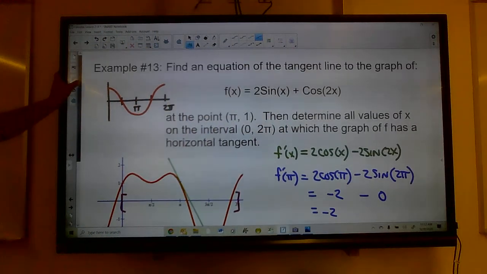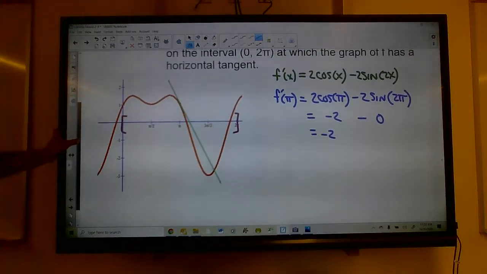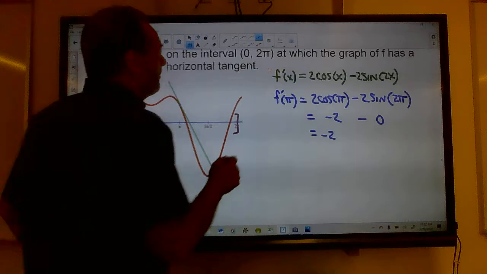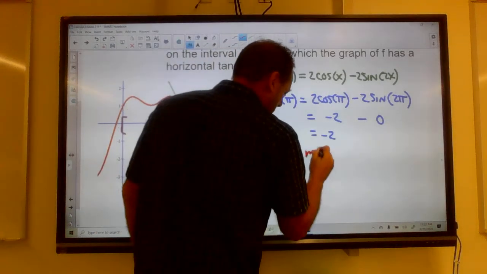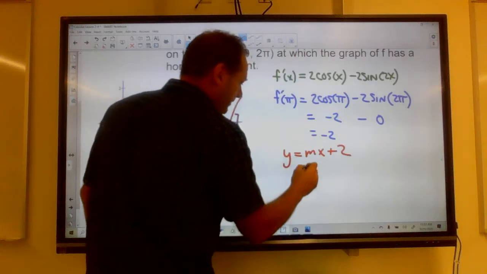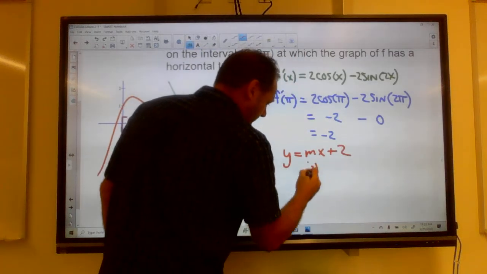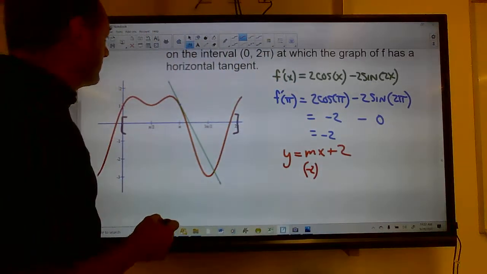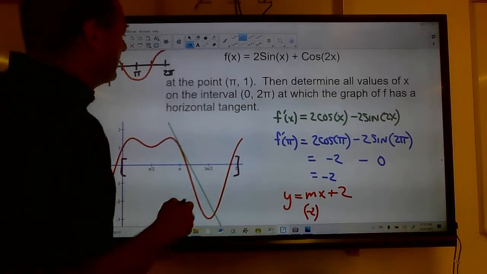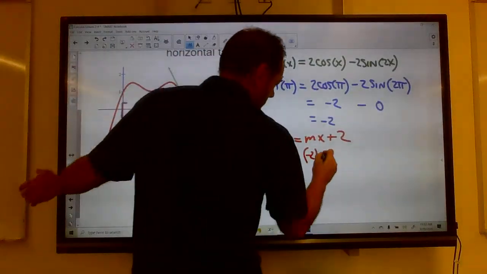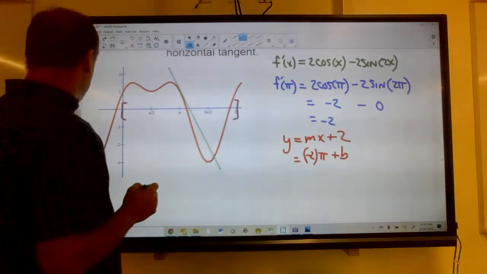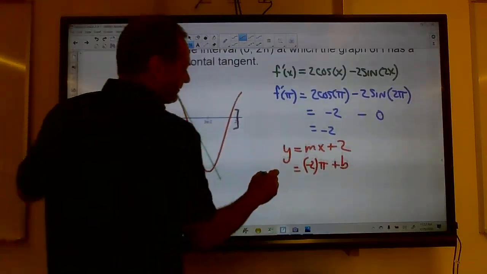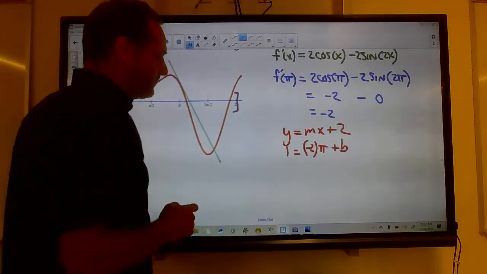Okay, and let's find an equation of the line. I know the slope. I don't know the equation of the line yet, but I do know that y equals mx plus b. I do know the slope is negative 2. I do have an x coordinate, the x coordinate is pi. And I do know the y coordinate, that's 1, so I just have to figure out what b is.